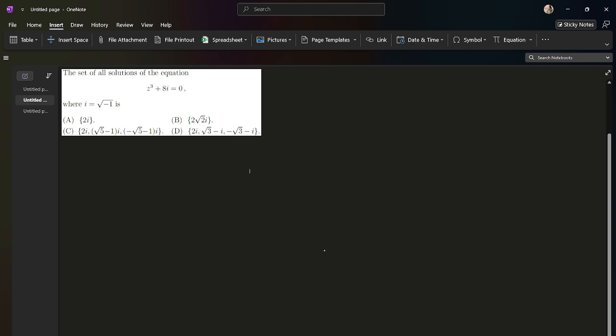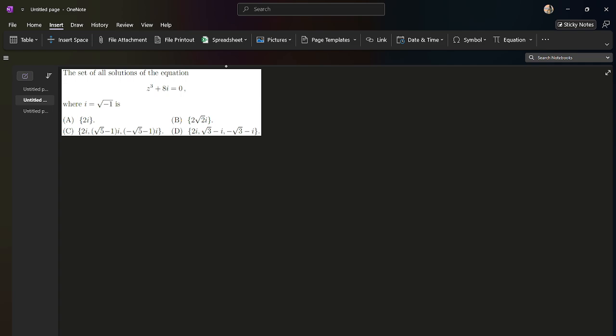Option A is only 2i, option B is 2 root 2i, option C is 2i, root 5 minus 1 i, minus root 5 minus 1 i, and option D is 2i, root 3 minus i, minus root 3 minus i.